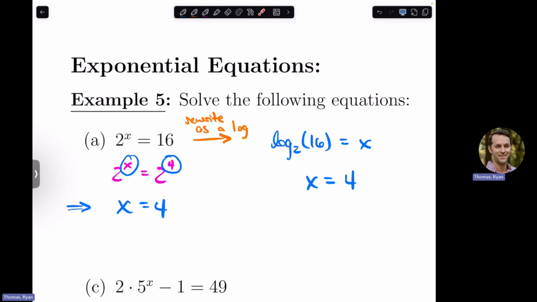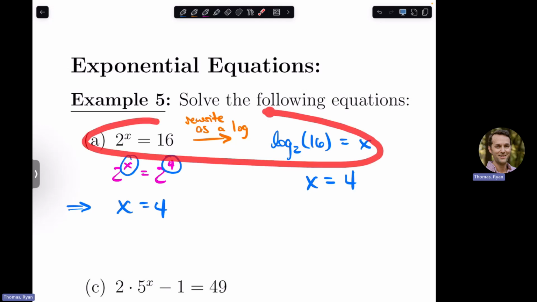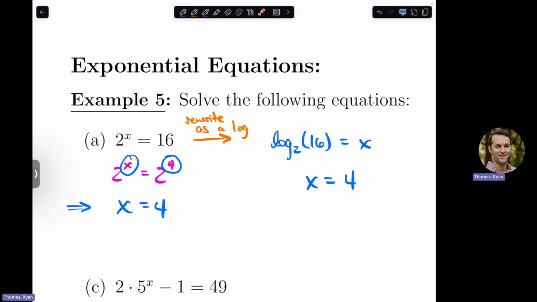X equals, this is some number, but we solved it, right? That's why I made such a big deal about going back and forth between exponential and log form. If you can do that, which is the only thing we needed to do here, we're pretty much good to go, right? Like, that's going to be the key step in just about everything we do here.